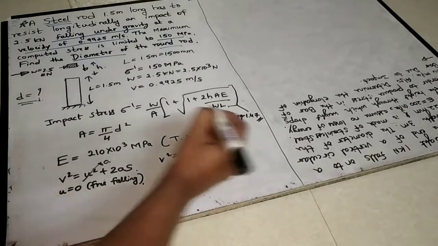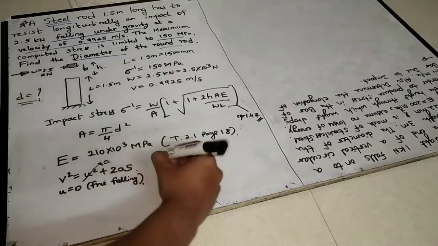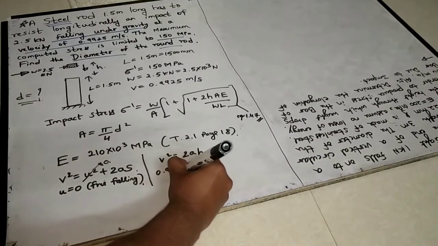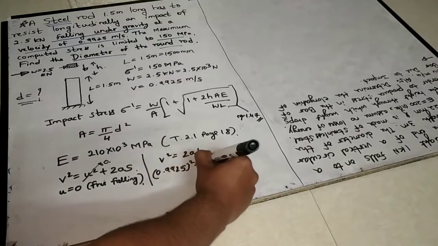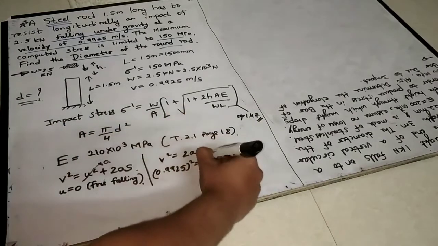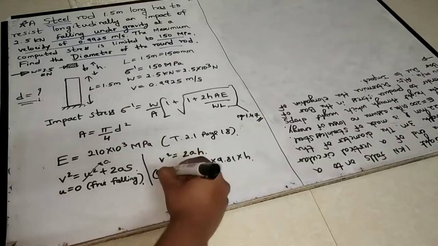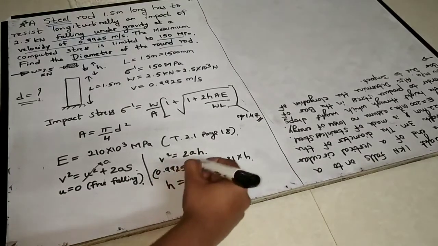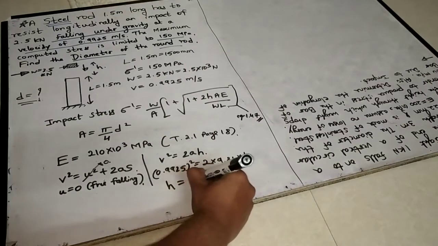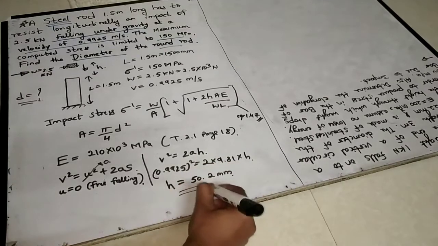So let me take h. Velocity V is known to us, right? So what is that? 0.9925 the whole square is equal to 2 into A, where A is acceleration due to gravity, 9.81, into h. So what is the height h now? If you solve, we will be getting 50.2 mm. Okay.